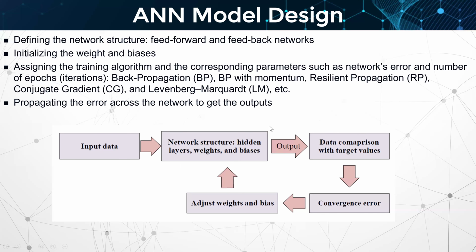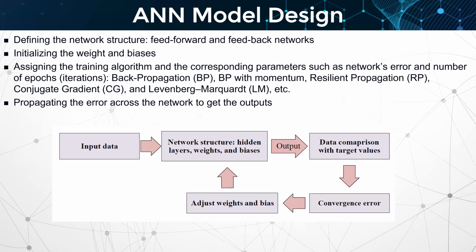The next step is to propagate the error, get the network output, and check the convergence error, so you can evaluate the accuracy and prediction capability of this network. Then you have to adjust weights and biases to fine-tune the network.